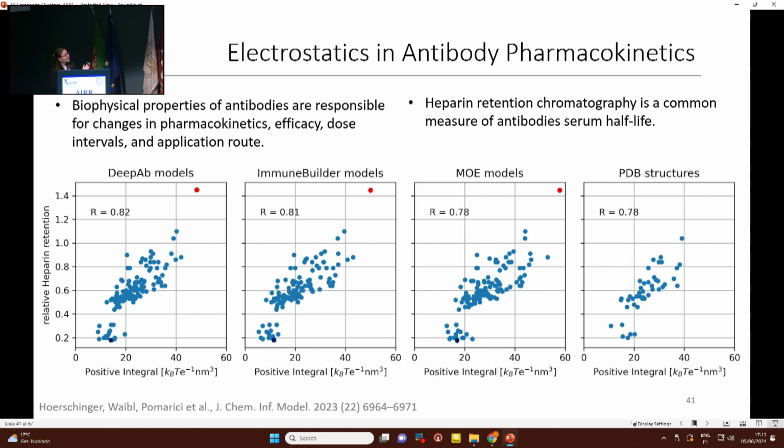And what you can see here is that, independent of the structural prediction tool used, they perform equally well, meaning that electrostatics is a less conformation-dependent property compared to hydrophobicity, which was quite interesting for us, but not so unexpected. But these patches could actually be quite predictive of the pharmacokinetics of antibodies.